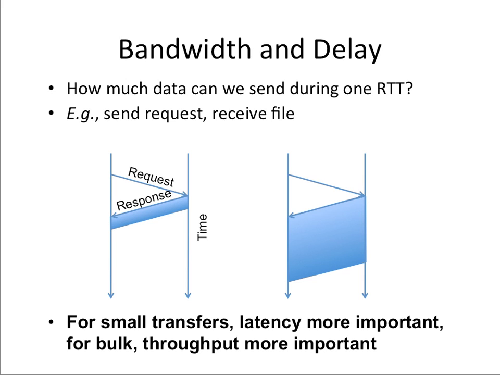If we have a communication protocol that only sends a small response in response to a request, what is more important? Delay or bandwidth? Delay, right? Because the round trip time is going to be dominated by how long it takes for the message to go from node 1 to node 2 and how long it takes for the message to come back.